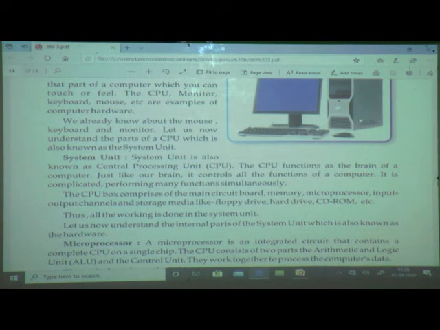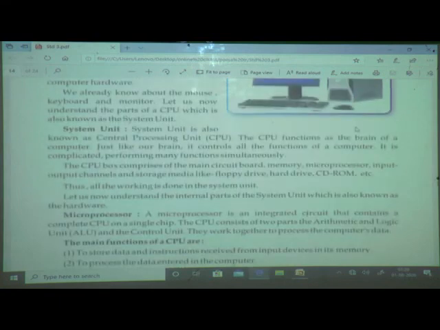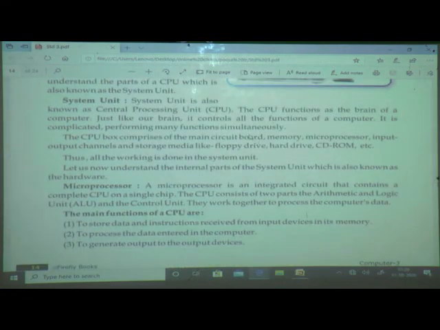At a time we can listen to music and write on the computer. So at a time we are doing more than one work on the CPU. CPU performs many functions simultaneously. Same like us: when we are writing, by using hand we are writing, by using eyes we can see what is going on, and by using ears we can hear.